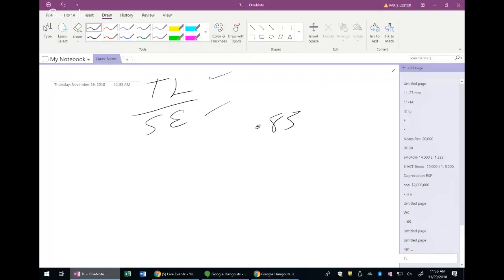But here we divided liabilities by stockholders' equity and it's 0.85. So liabilities are still lower than equity. If this came out 1, that'd be the same. So do that for last year. Now go to your balance sheet, which is on page 730.